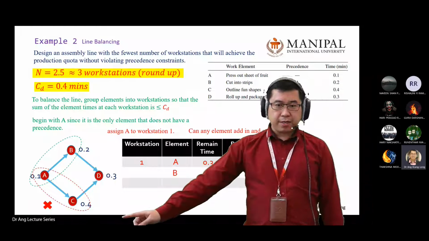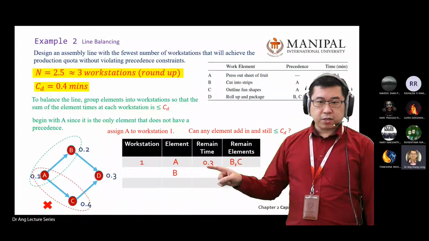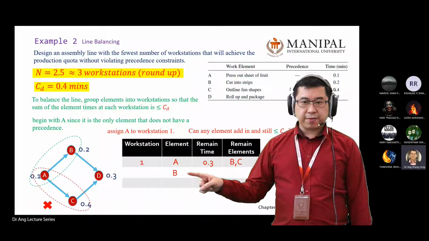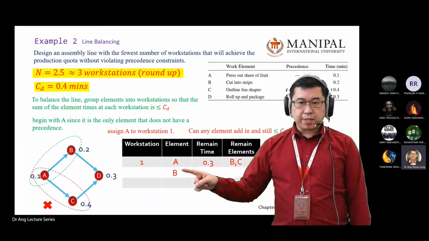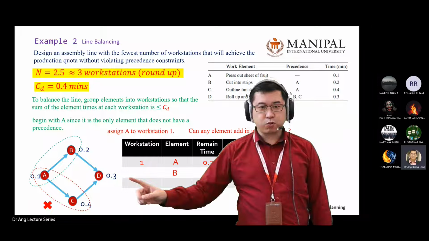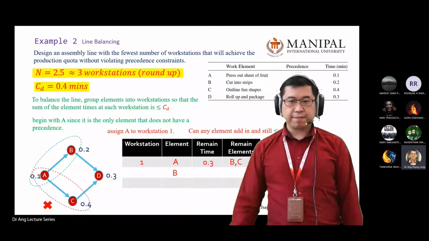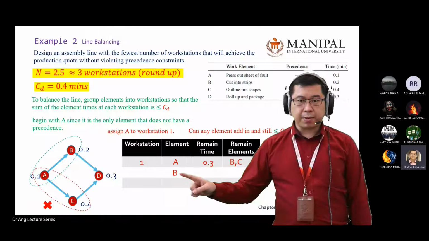What happened when I changed the value of 0.4 into 0.3? You can still use C over here. If your C time is 0.3 minute, you can put C here. I will personally prefer to choose C rather than B if your C time is 0.3. I like to clear out my time and then put my B in the next station.